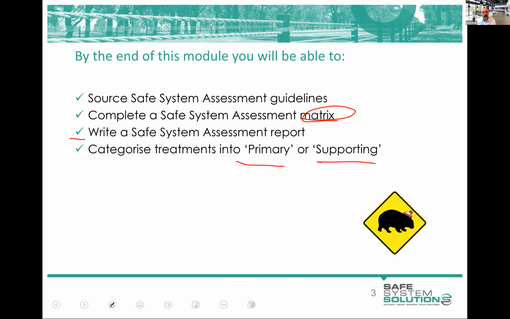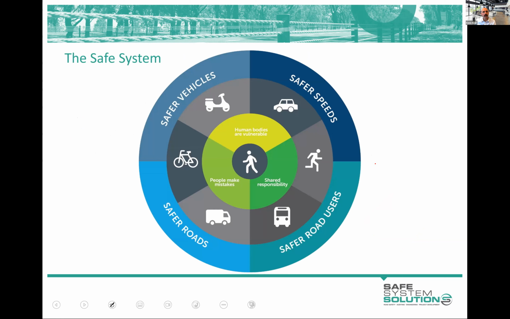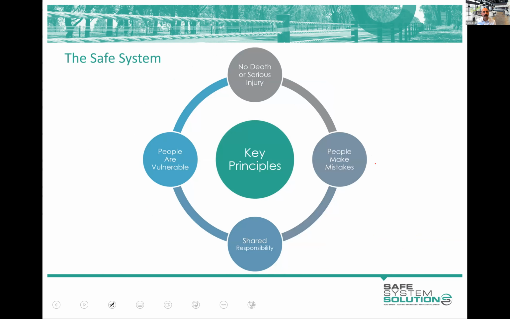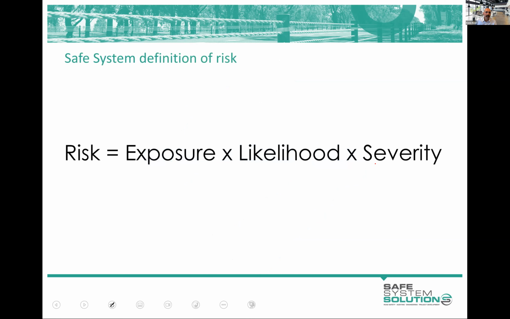So we've done the safe system. We're comfortable with the principles of the safe system, the elements, the philosophy that it is. We took these principles: human vulnerability, people making mistakes, shared responsibility, no death and serious injury as an aspiration. We packed all of that in, and we now need to move forward and really get into this practical assessment technique.